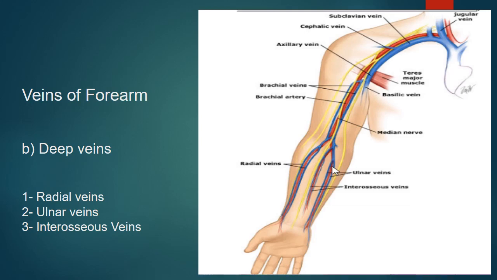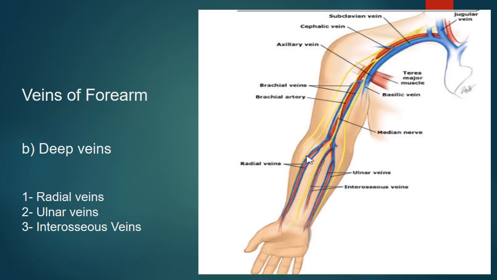The radial and ulnar veins mainly drain the forearm but carry relatively little blood from the hand. The deep veins then ascend in the forearm along the sides of their corresponding arteries. Each artery is accompanied by two corresponding veins.